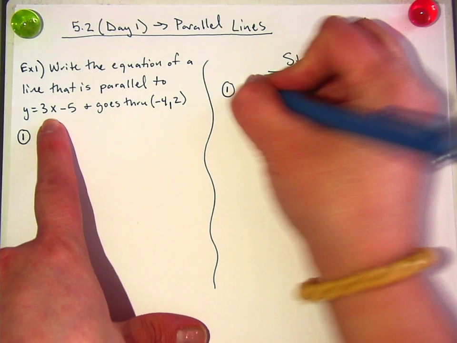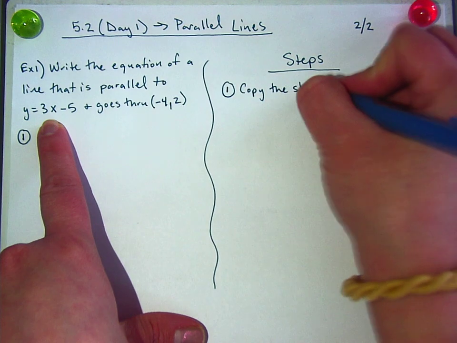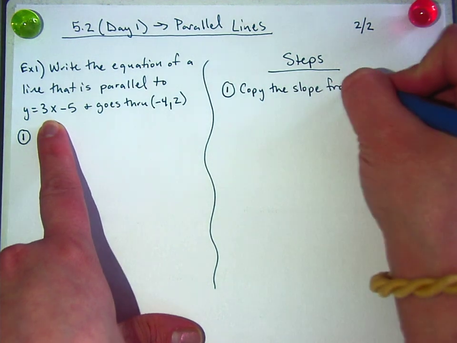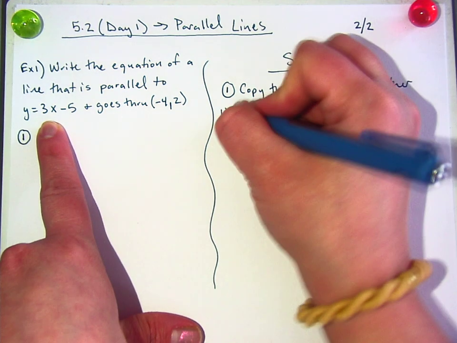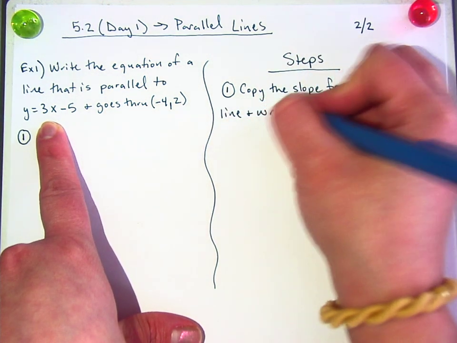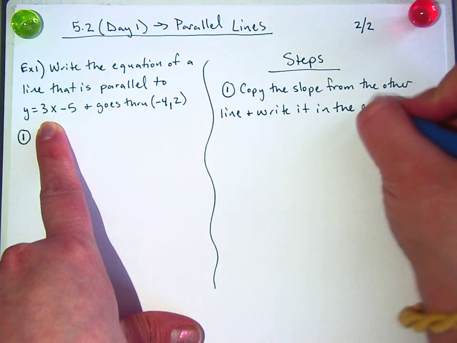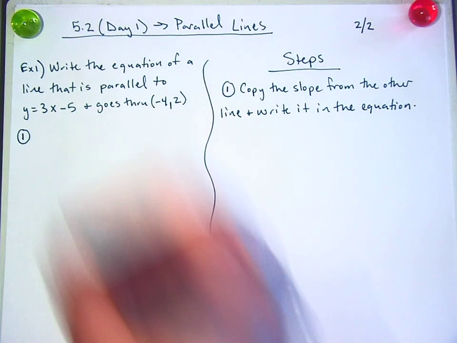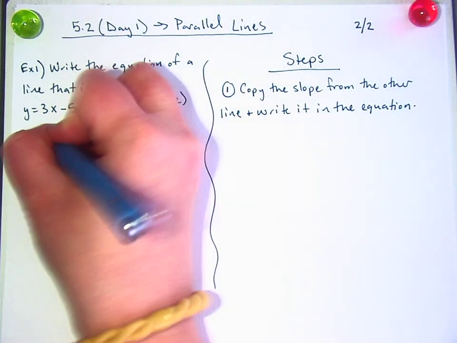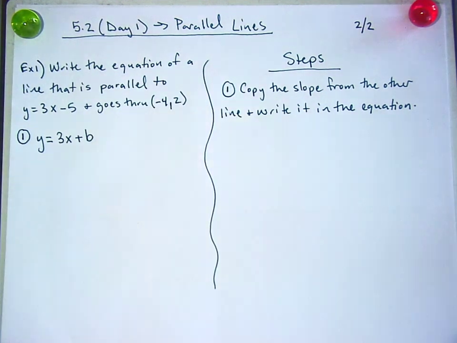So copy the slope from the other line and write it in the equation. So over here I'm going to write y equals 3x plus b. I'm just copying over the slope and putting it in that m spot.